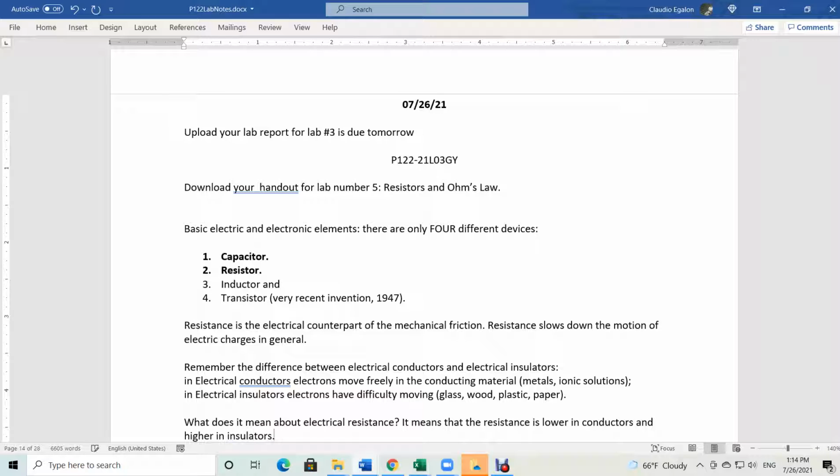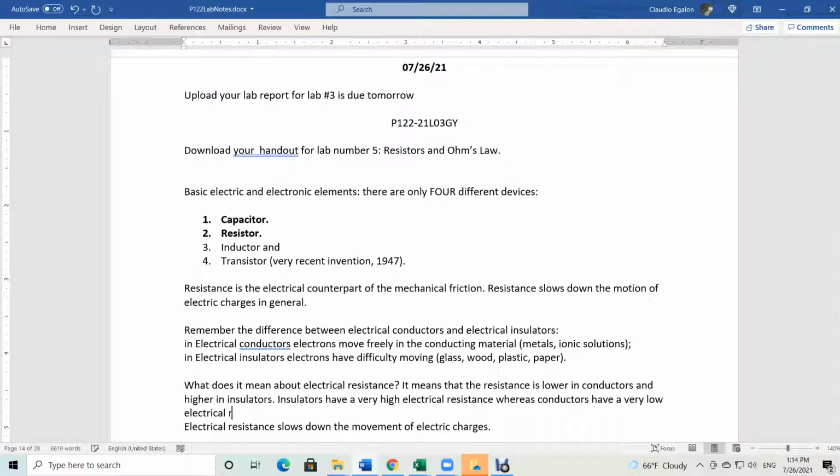If the electrons cannot move, and resistance is what interferes with the motion of the electric charges, then it means that you have a very high resistance in insulators. Insulators have very high electrical resistance, whereas conductors have a very low electrical resistance.